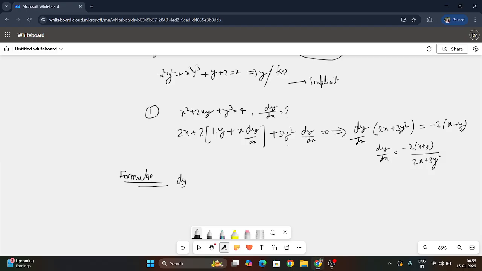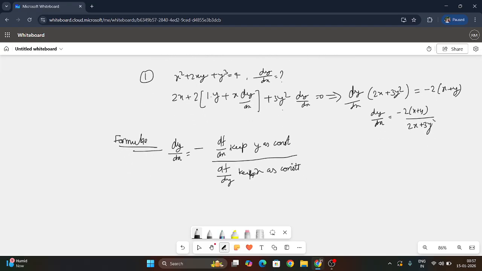If you want to find the dy by dx, then you have to apply dy by dx is equal to minus times the differentiation of f with respect to x, so df by dx, keeping y as constant, divided by the differentiation of f with respect to y, keeping x as constant. So you have to keep this in mind.